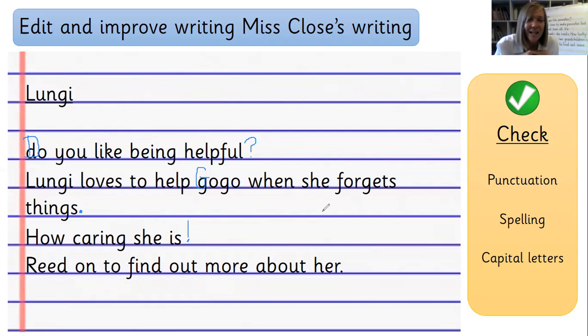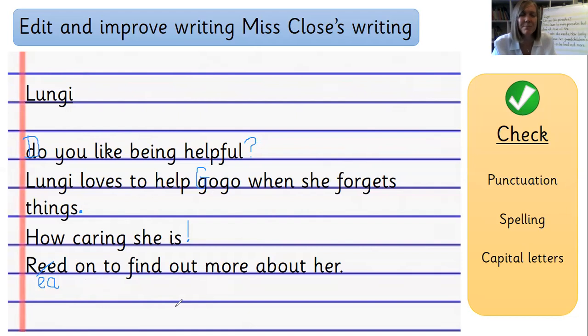Read on to find out more about her. Read. Have I got my right special friends there? I'm going to check my spelling down here. Read. I think I've used the wrong E sound. I'm going to look carefully at my special friends, and it should be EA. Read on to find out more.